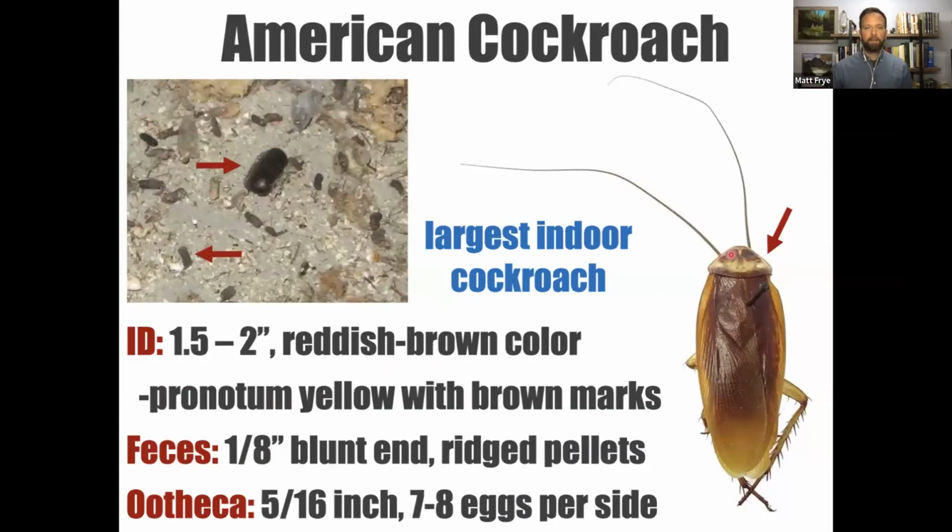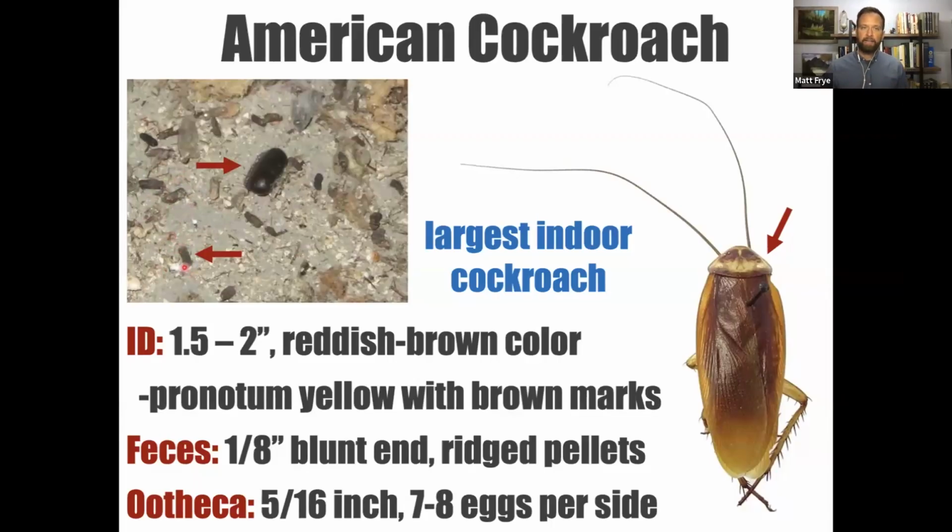Their feces can be confused with mouse droppings. So it's really important if you're finding droppings like this in a basement, especially if you're in a multifamily housing building that has steam heat coming in, that you're looking at those droppings carefully and noticing that it has blunt ends and also lines that go from tip to tip.